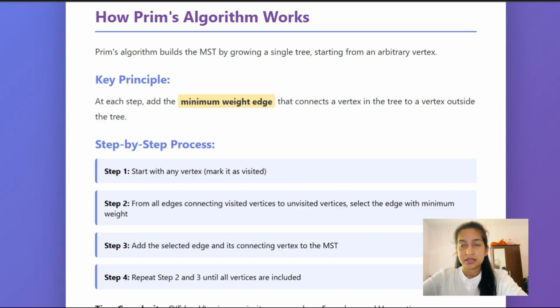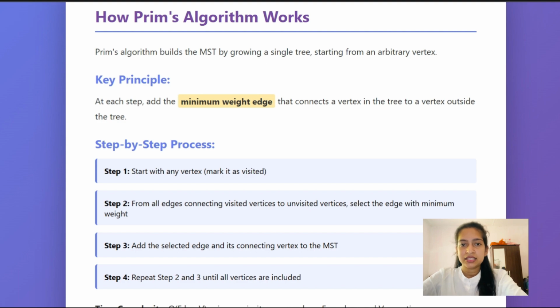Let me break down the step by step process. First step, start with any vertex and mark it as visited. It doesn't matter which one you choose, the algorithm will give you the same total weight regardless. Second step, look at all edges that connect your visited vertices to unvisited vertices and select the edge with the minimum weight.